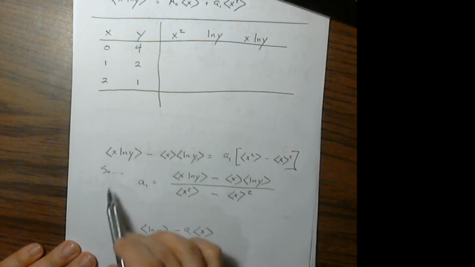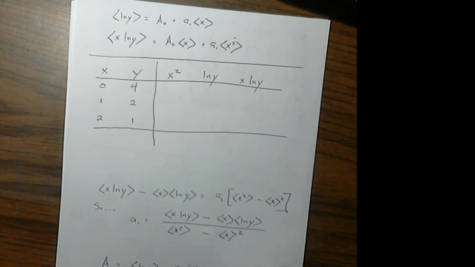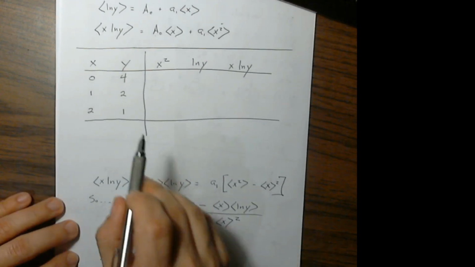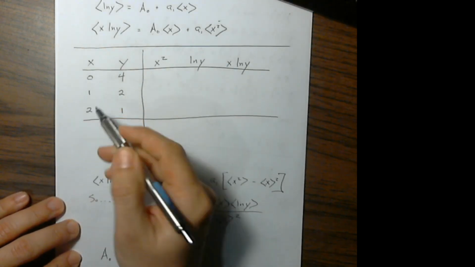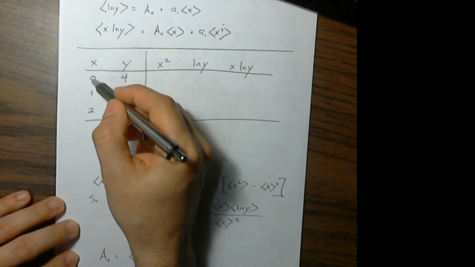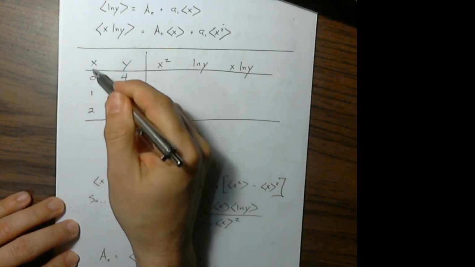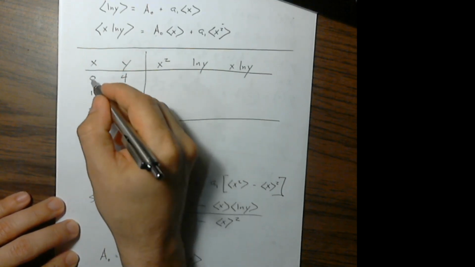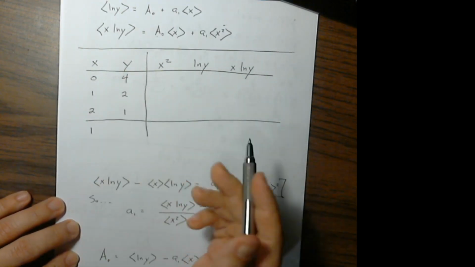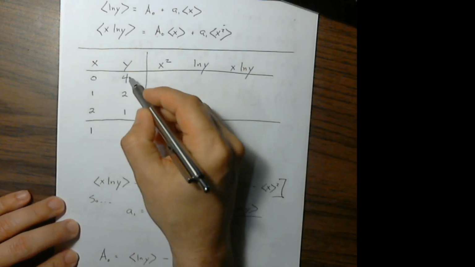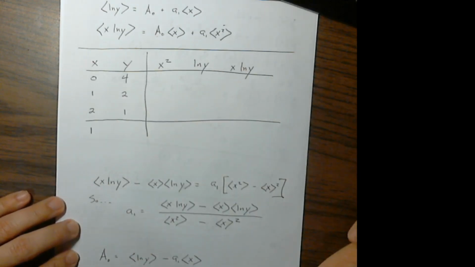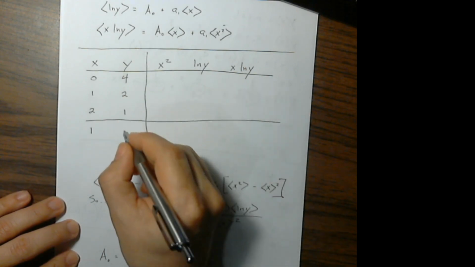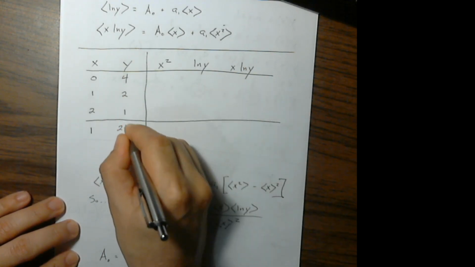All right, so let's evaluate these columns. We're ready to start substituting into here, so we need these columns now. Well, we only have 3 data points, not too bad. That's just to reduce the tedium. So here, the expected value of x is obviously 1, so 0 plus 1 plus 2 is 3, divided by 3 is 1. 4 plus 2 plus 1 is 7, divided by 3 is 2 and a third.